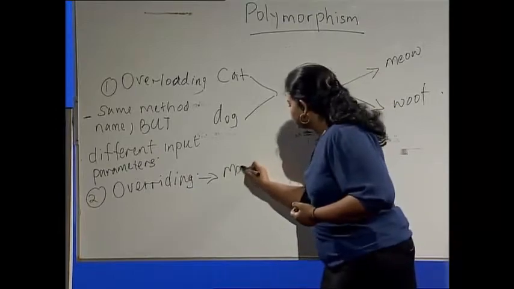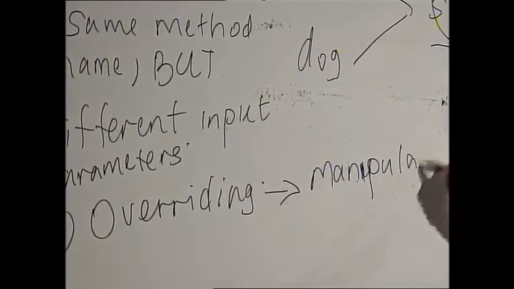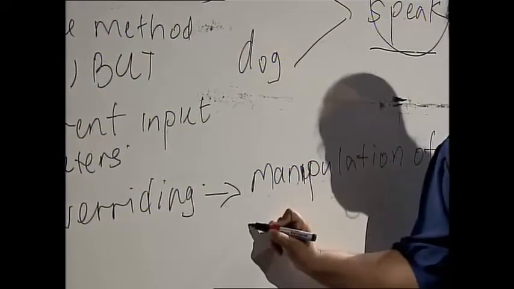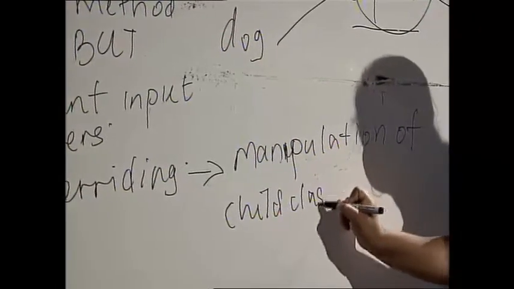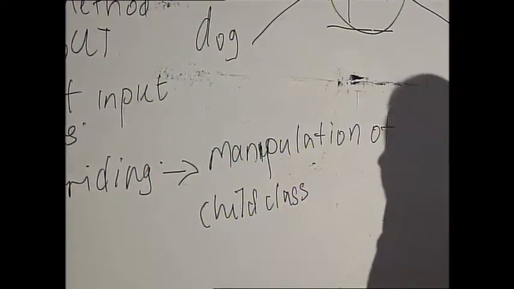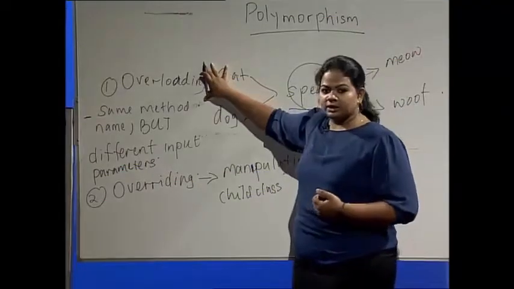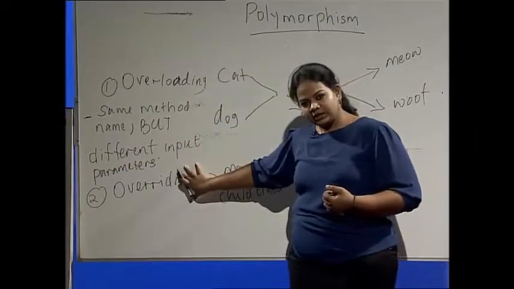So usually overloading is achieved in compile time and overriding is achieved in runtime.